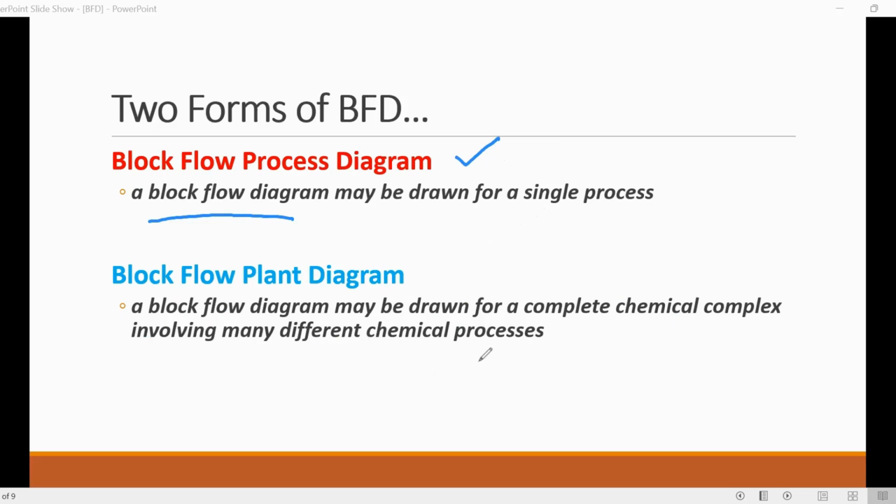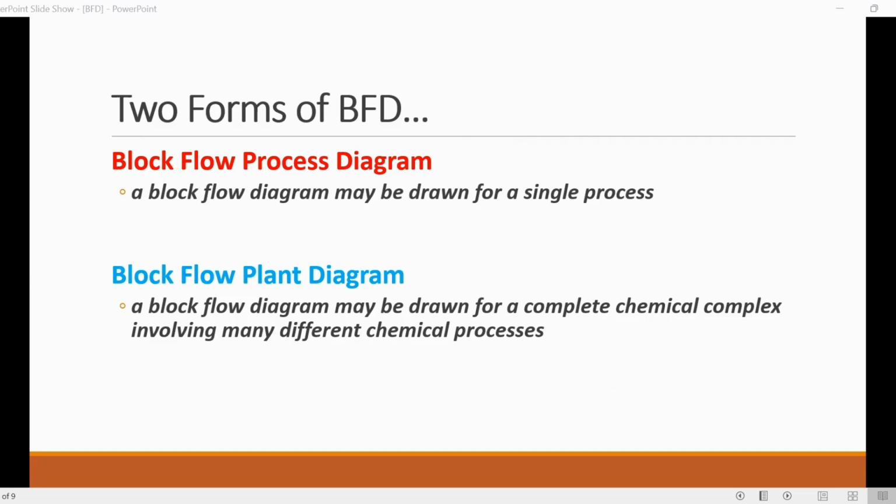But if a block flow diagram is drawn for a complete chemical complex, that means a large chemical plant like Reliance Industries, Coromandel Industries, IOCL, they have not one process, they have integrated processes.